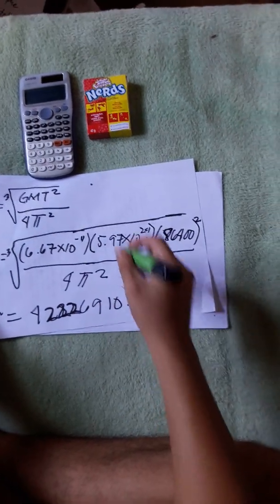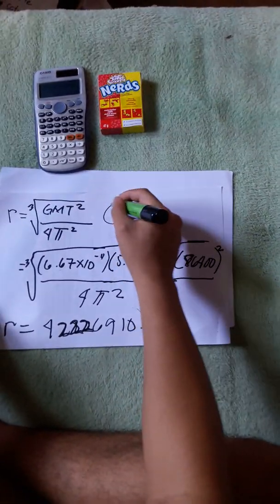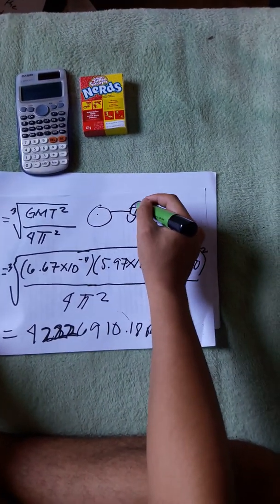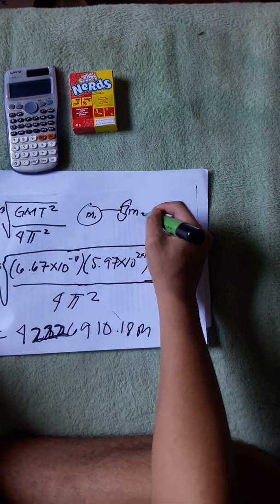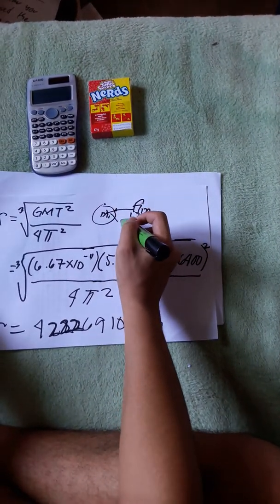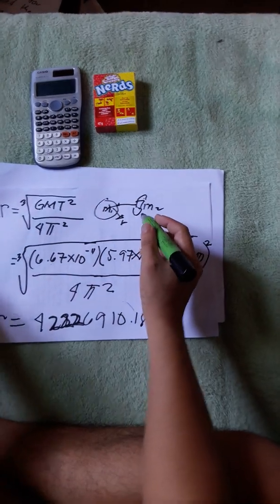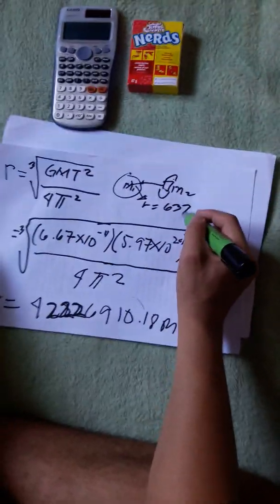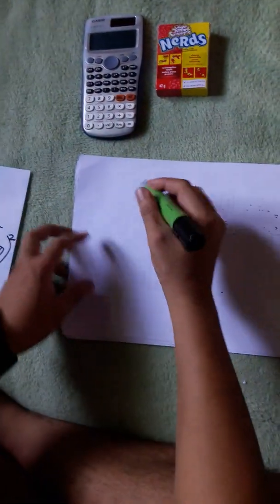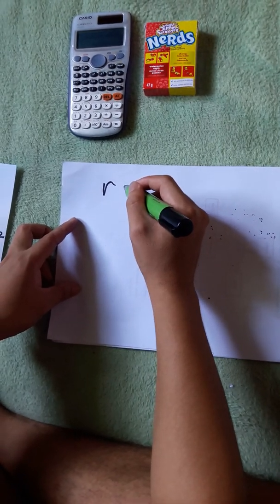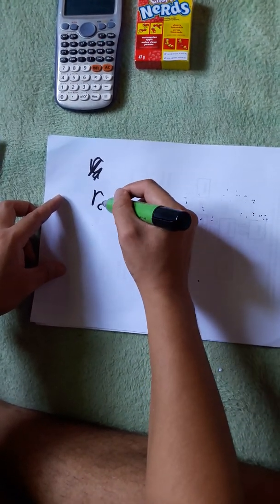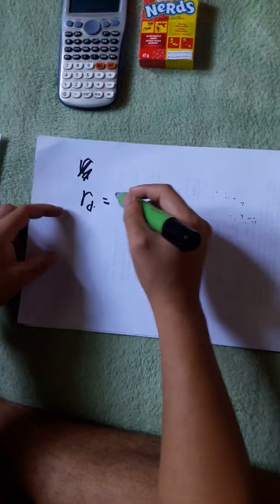So by solving the distance from the Earth to the satellite, from M1 to M2, we subtract the radius of the Earth, R, which is 6,371 kilometers.